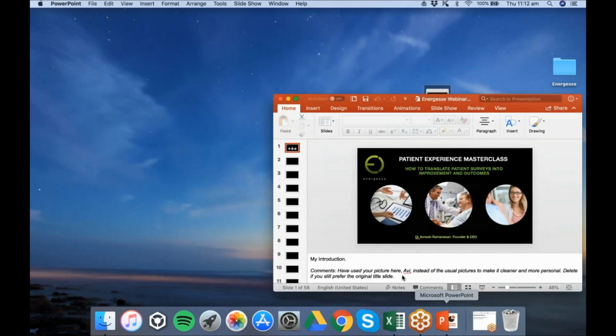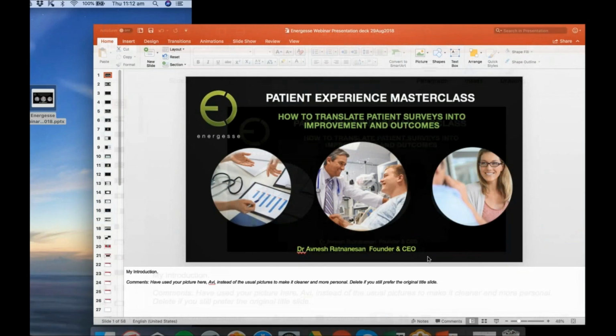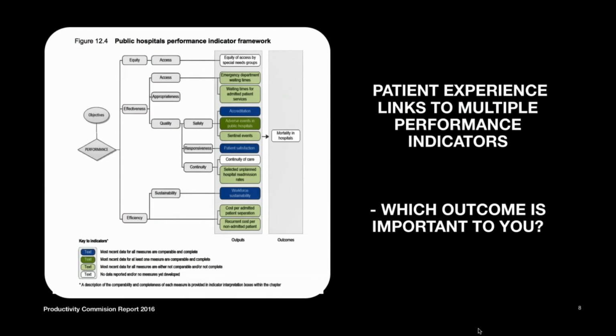But having said that, whilst we're pulling that through, coming back to objectives, I think it's really important that we think about, as I said at the beginning, what is the most important outcome for you? Working with many organizations, they say, Avi, we need outcomes.